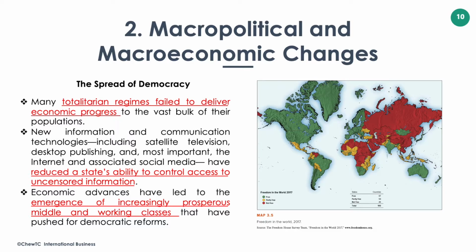In not free countries, the political process is tightly controlled and basic freedoms are denied. So, based on this map, green color indicated free, yellow color indicated partly free, whereas red color indicate not free. Freedom House classified some 87 countries as free in 2017, accounting for about 45% of the world nations.